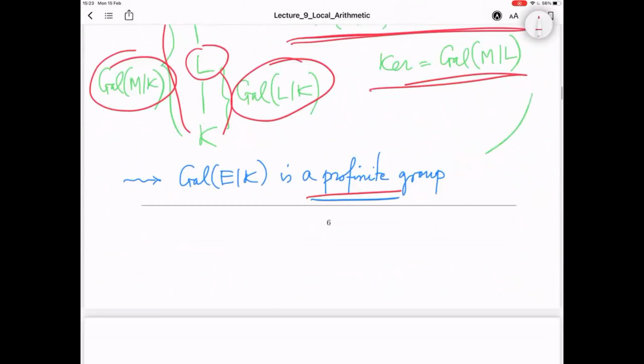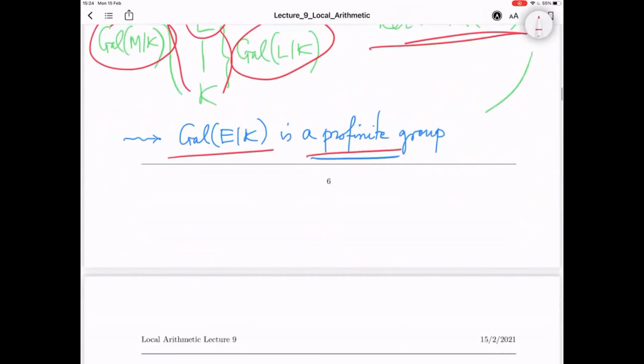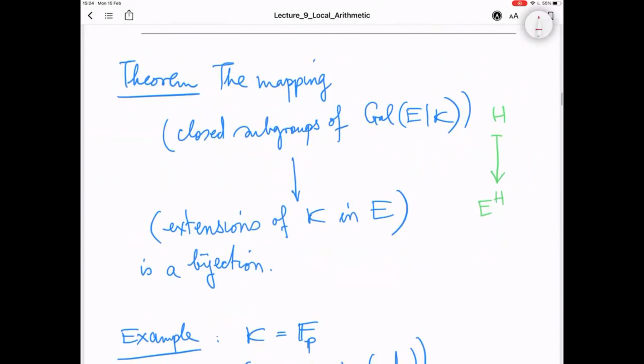In any case, it's a topological group, and the topology is important. When it's a finite group, the topology is discrete, so it's not very enlightening. The fundamental theorem of Galois theory becomes the following in this setting of infinite Galois extensions of infinite degree.